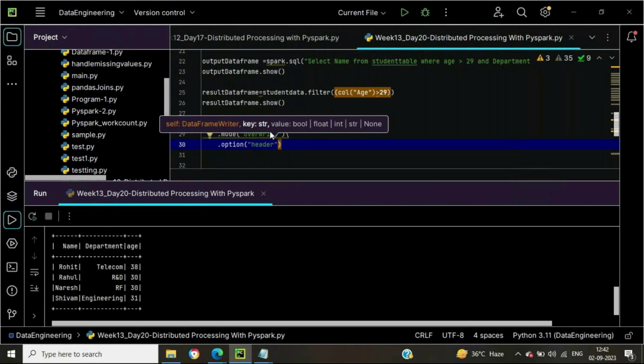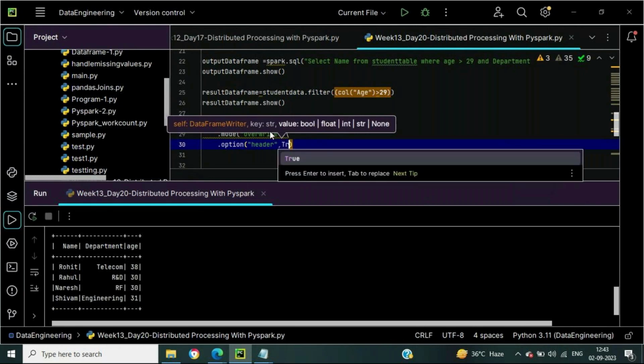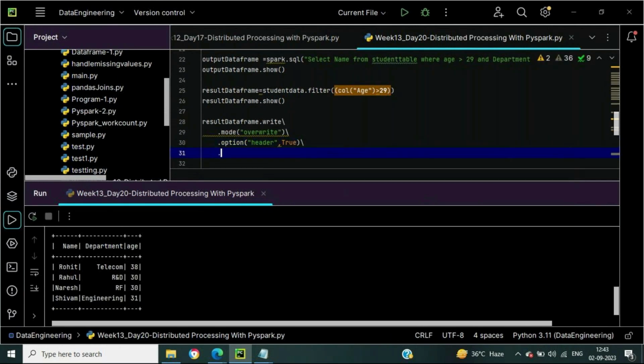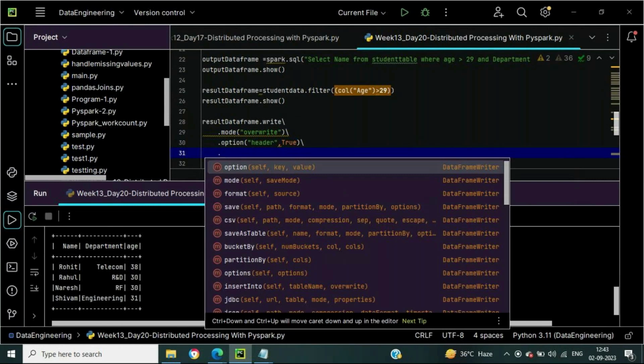Swati, how many write modes are there? Overwrite. What about the remaining three modes? What are the names? Overwrite, error, then fail fast. Is fail fast a write mode or a read mode?